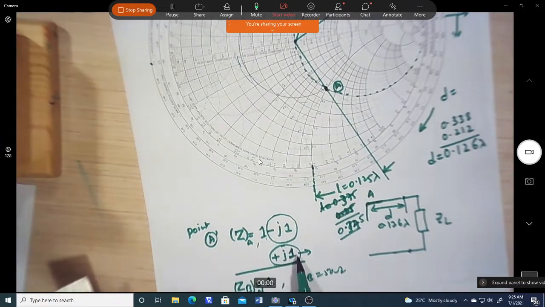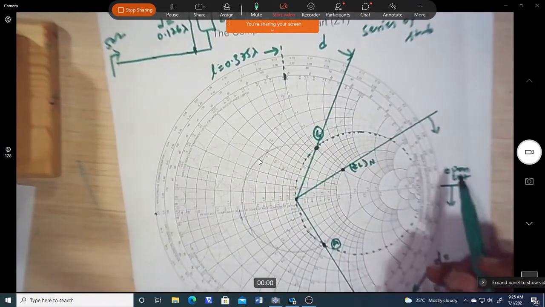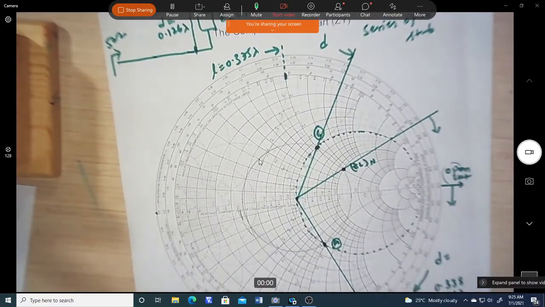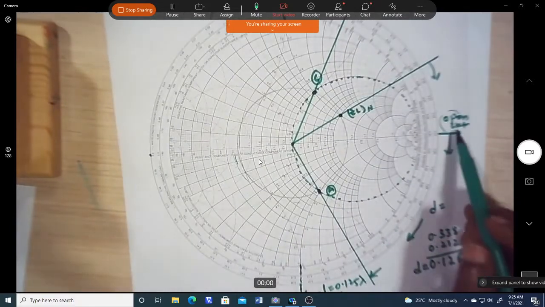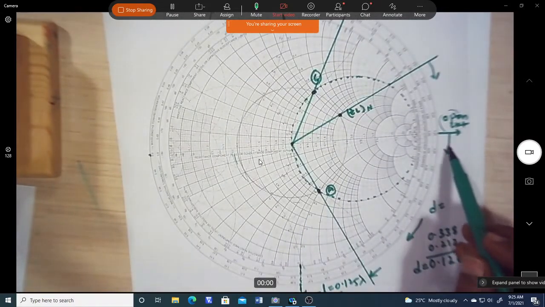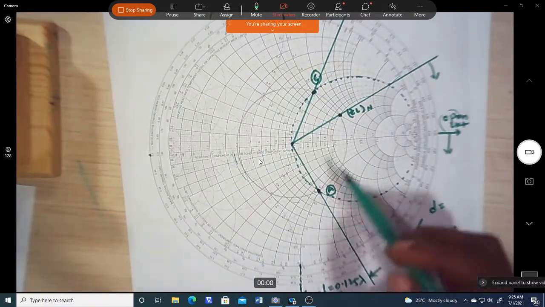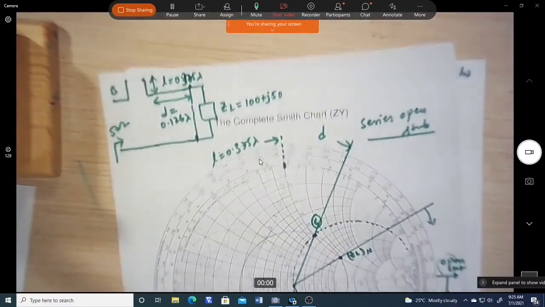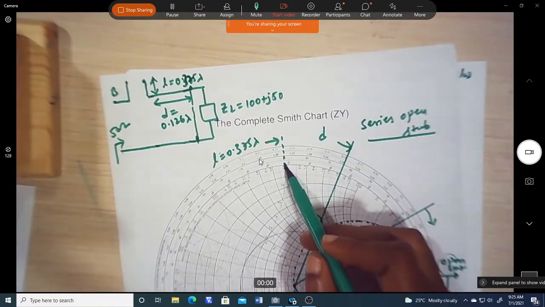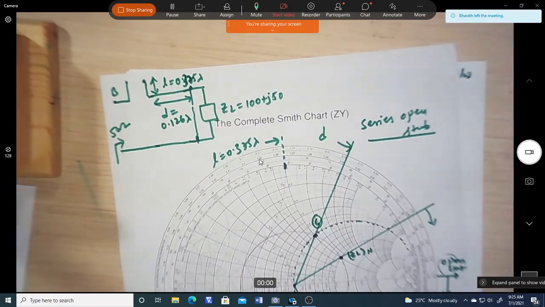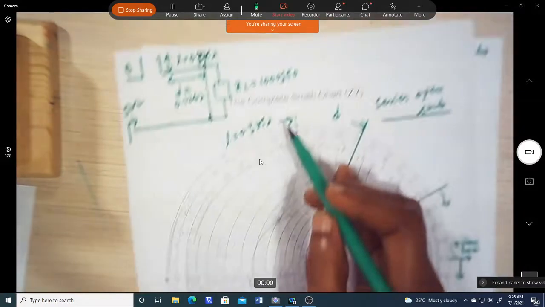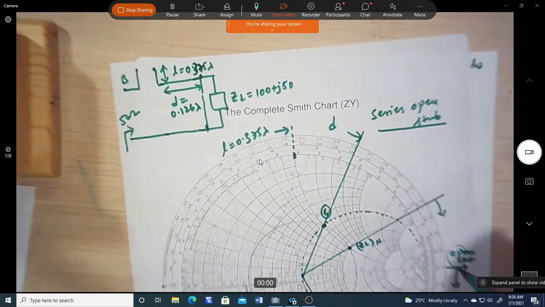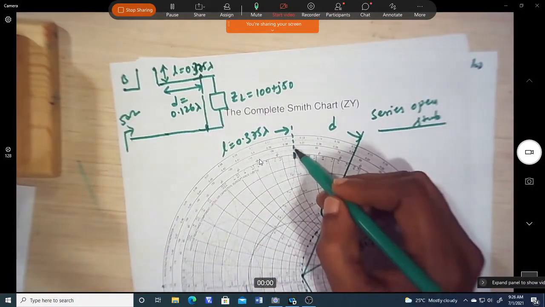So this plus J1 reactance, you can see from the open circuit point, because we need to use a series open stub. That is the condition which is given. So now from the open stub point, we need to find out what length will give the plus J1. So now we can see in the impedance chart, the plus J1 is here. Okay, so from the open circuit point we need to move till the value of J1.